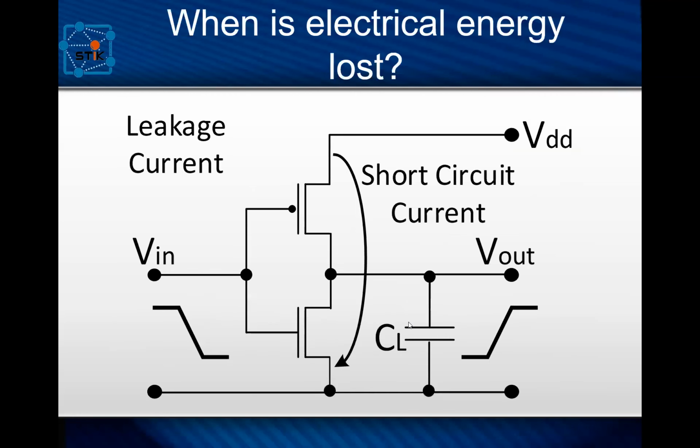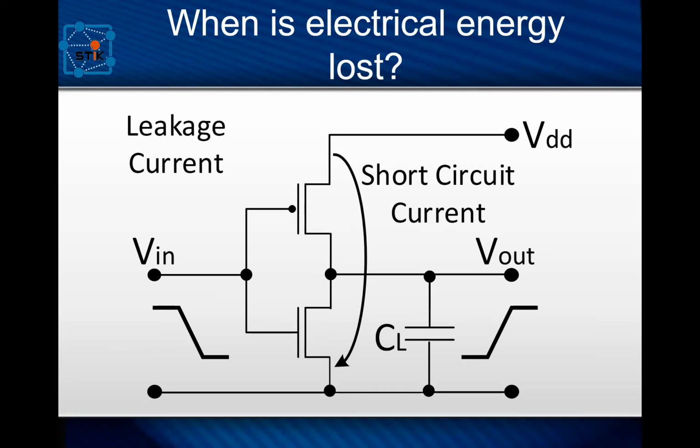How is electrical energy lost in an electronic system? There are two paths through which this energy is lost. The first is leakage current, which is the flow of electronic energy to the substrate. Reducing the losses caused by leakage current is possible by developing new, more energy efficient electronic circuits.